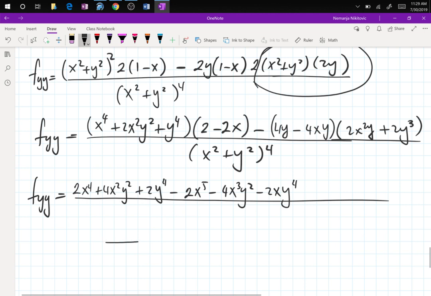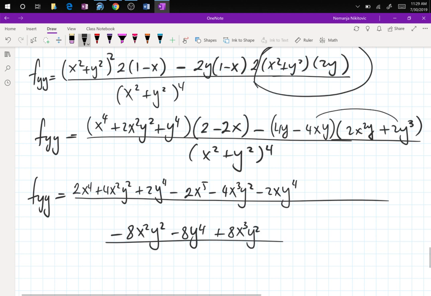And now we have minus the second part, 8x squared y squared, and then minus 8y to the 4th, and then plus 8x cubed y squared, and finally the last one, positive 8xy to the 4th.